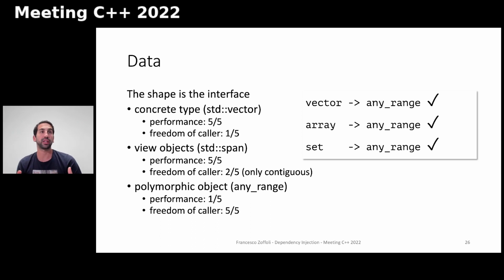The moment you use a template, any type is going to be compatible as long as it has the correct interface, and the performance behavior is going to depend on the specific implementation of the type. So for example, whether you pass a vector or you pass a list, you're clearly going to get different performances, but that is in control of the caller.